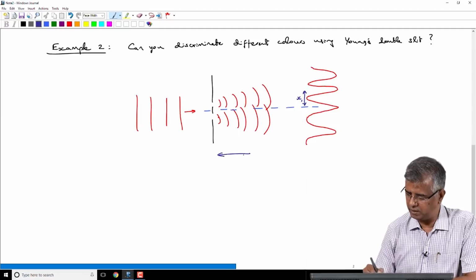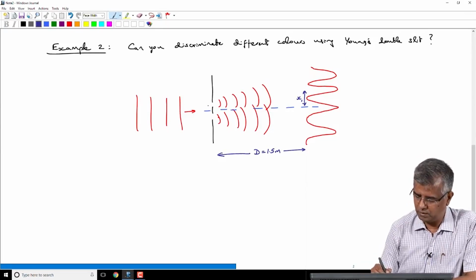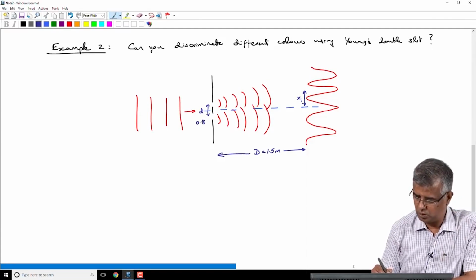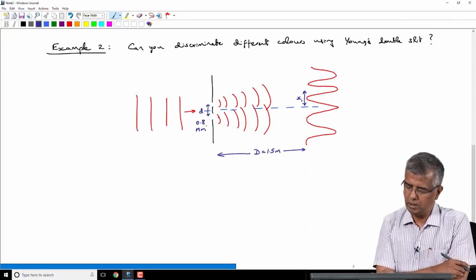Let us say we are told that this distance D, let us call this, is given as 1.5 meters, and this distance, which we call small d, we are told corresponds to 0.8 millimeters. Okay.